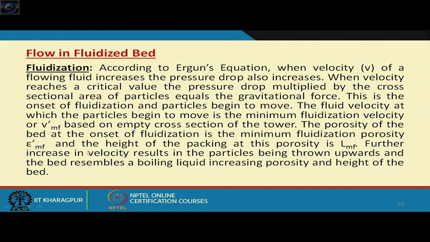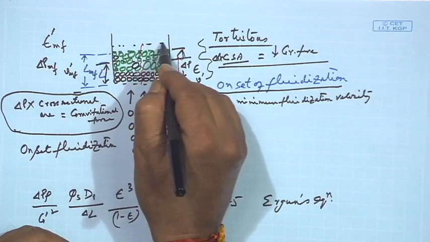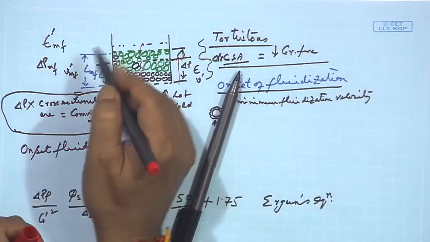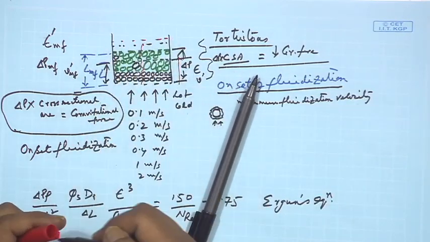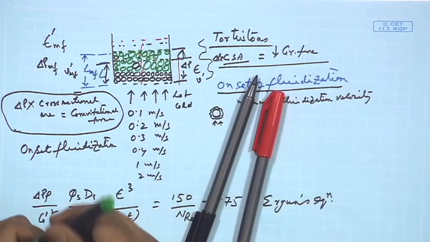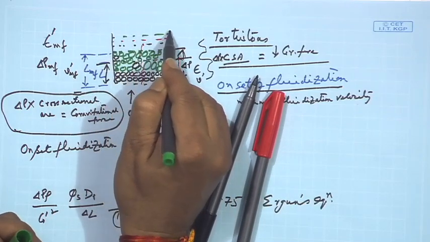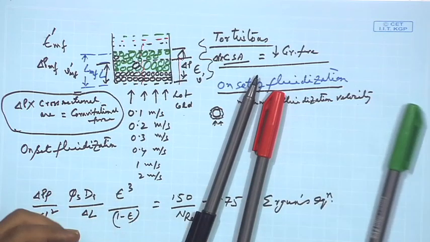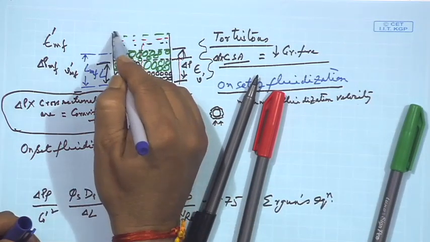Now, further increase in velocity results in the particles being thrown upwards and the bed resembles boiling liquid, increasing porosity and height of the bed. As we said, obviously, if we go on increasing this, then this height will go on increasing like this, then further like this, and maybe even further like this, right.